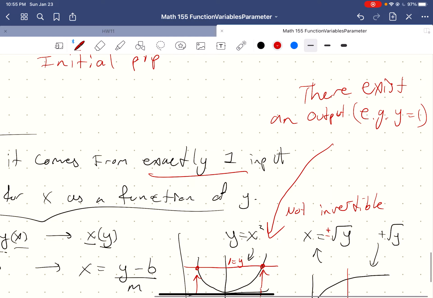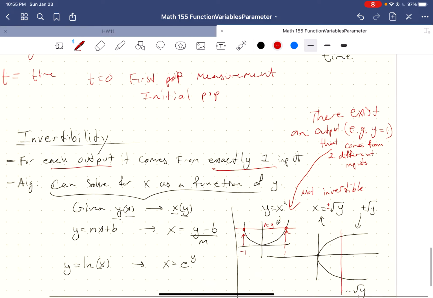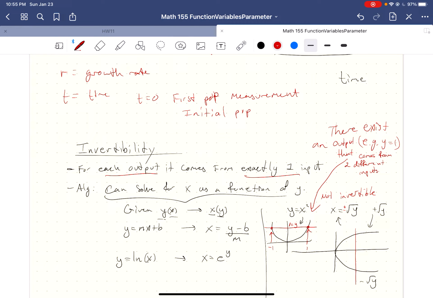For example, y equals 1. That comes from two different inputs. Okay? So it fails to satisfy the definition.